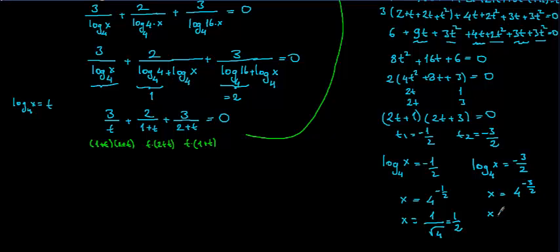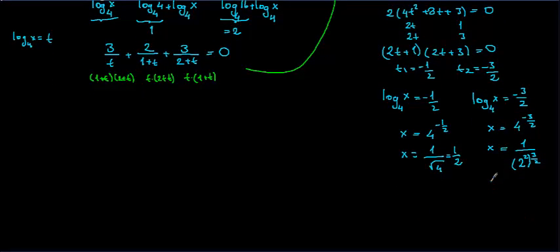That's equal to x is equal to 1 over 2 to the power of 2 times 3 over 2, because 4 is equal to 2 to the power of 2. If we continue like this, it's going to be x is equal to 1 over 2 to the power of 2.